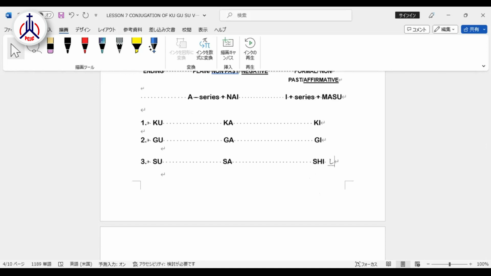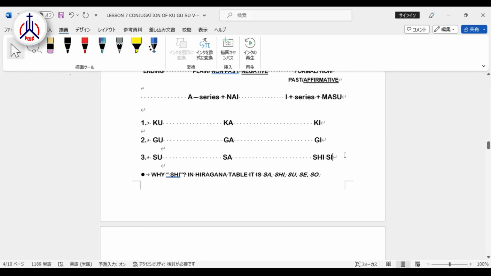It should be like this, right? Because if we're saying that this is in the I series, the su or the U changes to I. So it will become C. No?